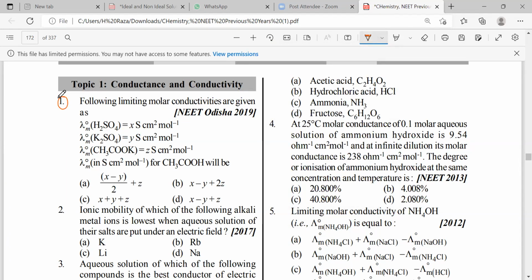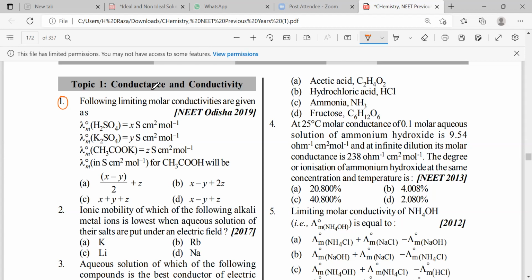Please do this question number 1. Sir, is the option D?